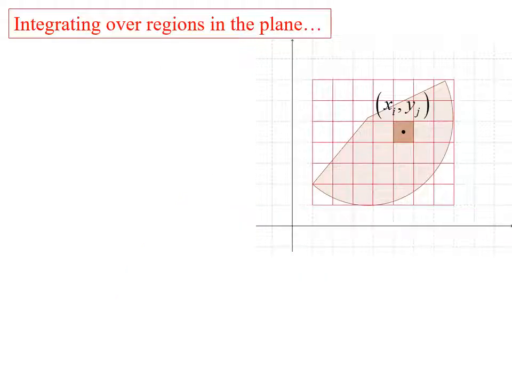Similarly, in Calculus 3, we did a region that was planar, two-dimensional region that we were integrating over. We partitioned that into delta x's and delta y's, little rectangles.